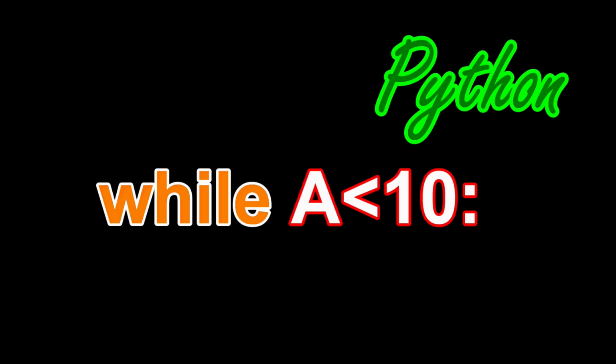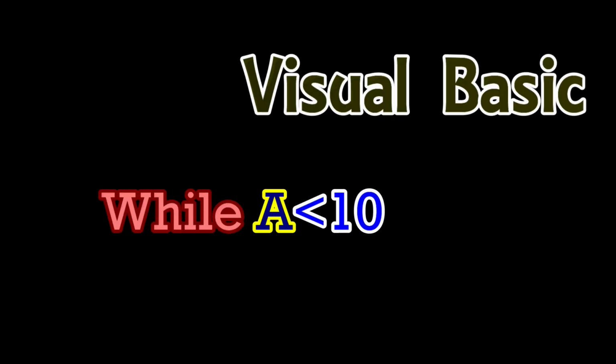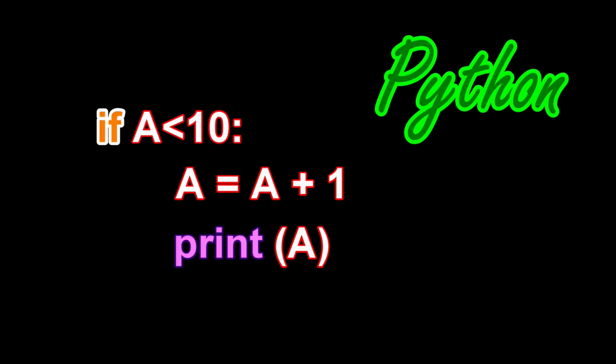Notice how for Python, you need the colon after the while statement, whereas in some other programming languages, the presence of a colon would give you an error. Here is how an if statement looks in Python.